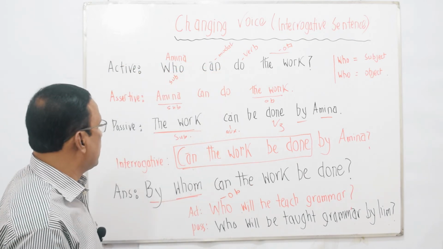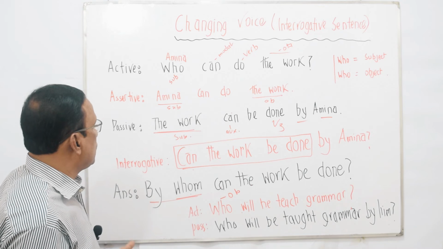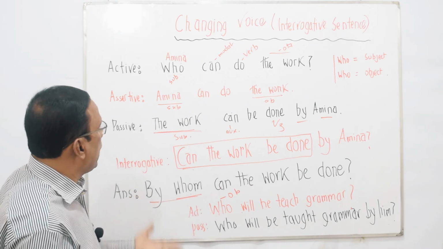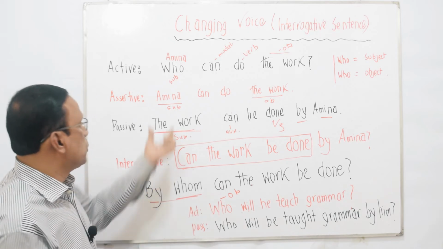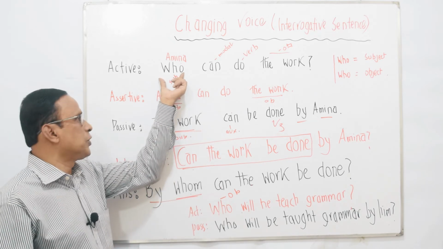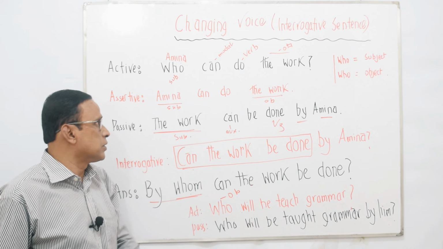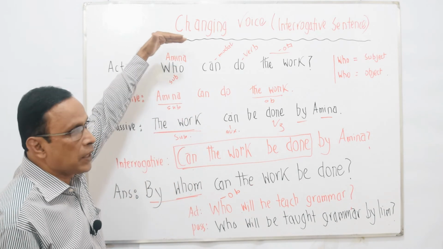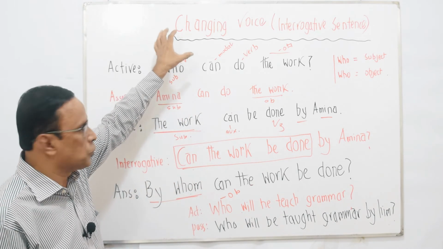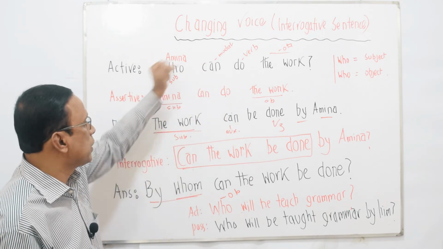So, always remember that when you have to change any WH question beginning with who, you have to make sure whether the word who is subject or object in the sentence. So just use any name. It can be any name. You can use any pronoun also: he, she, they, we, or I, any pronoun or noun.